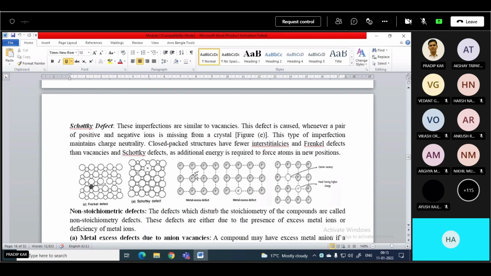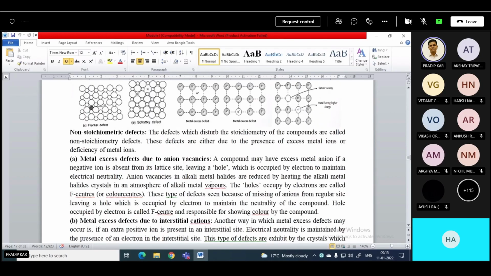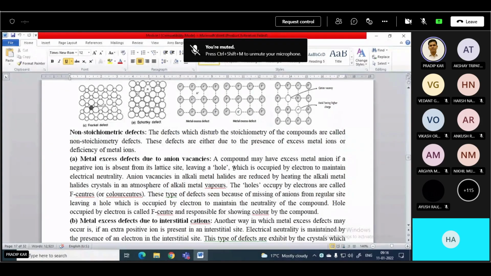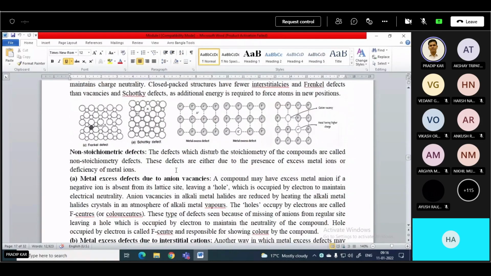Now the other defects, the non-stoichiometric defects. As we have mentioned, in non-stoichiometric defects either the metal, meaning the cation, will remain in excess, or the anion may be in excess. Here there are four types we are considering.